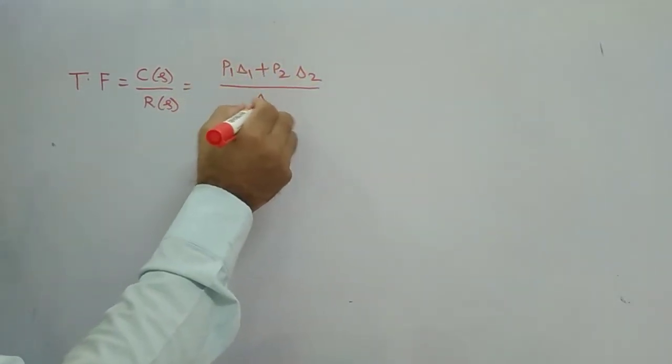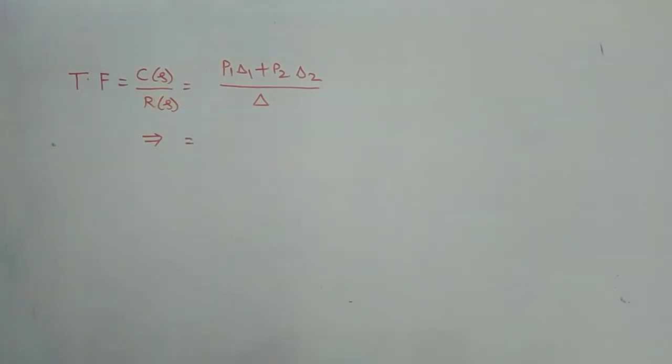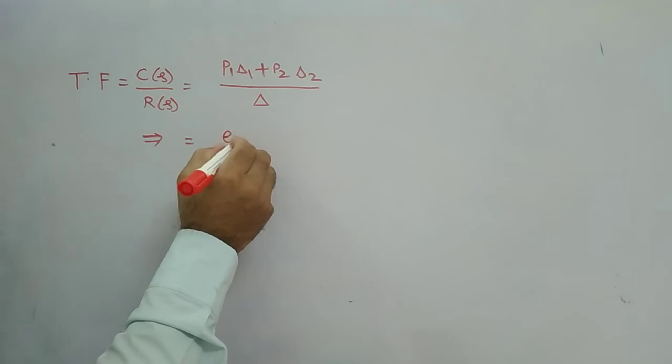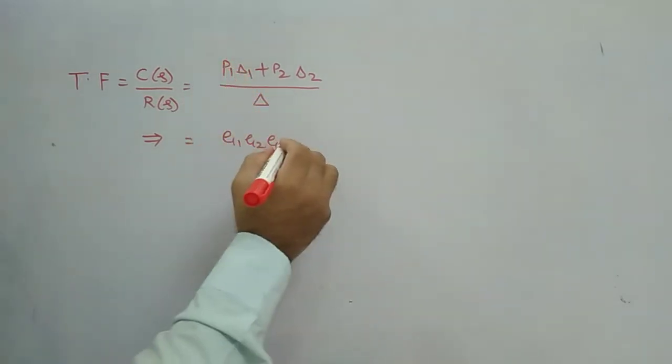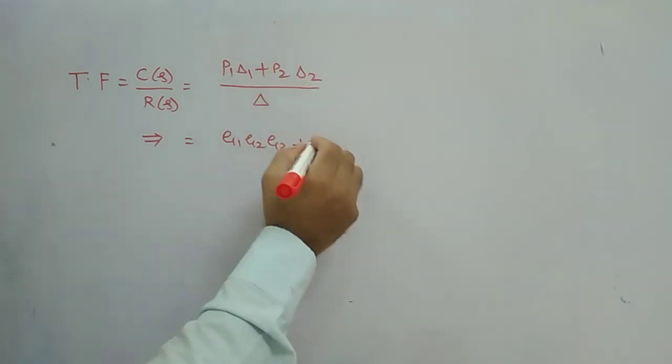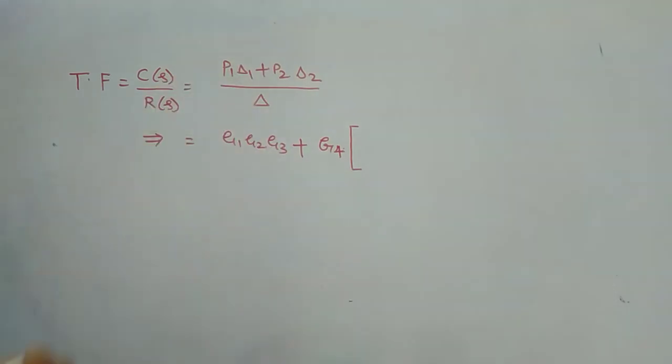Is it not? This implies, what is P1? P1 is equal to G1 G2 G3. Delta 1 value is 1, plus, what is P2? It is G4. Then what is delta 2?